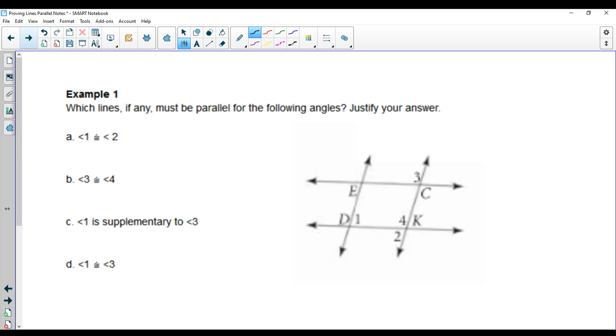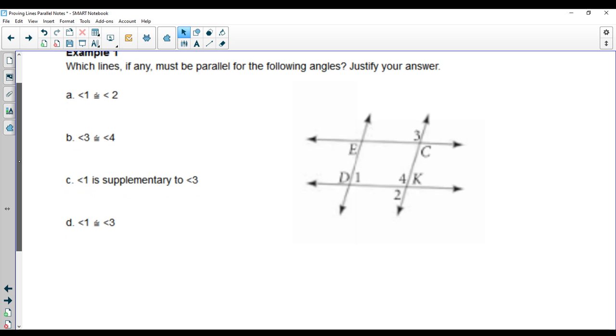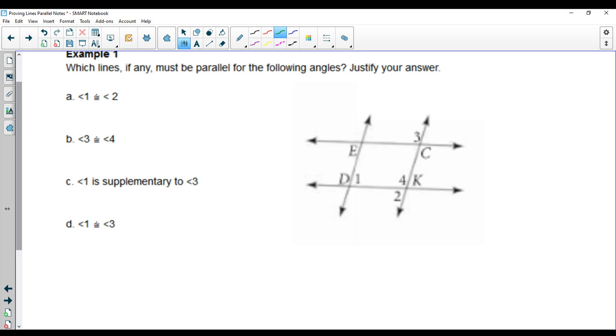Let's look at some. We've got this image over here. It's just 4 intersecting lines with some labeled angles and the intersection points labeled. And we've got some information over here. We're going to use this information to see if we can determine if any two lines are parallel. Okay? So we're going to say angle 1 is congruent to angle 2.